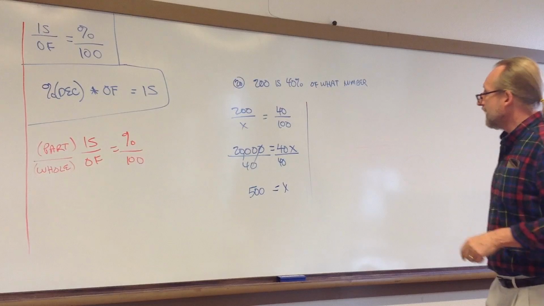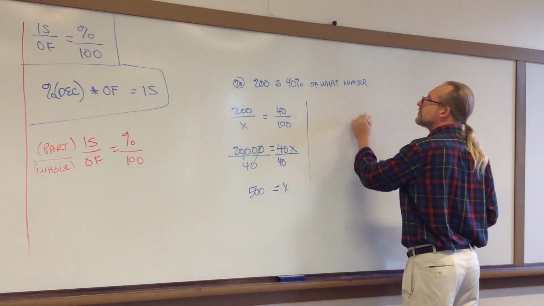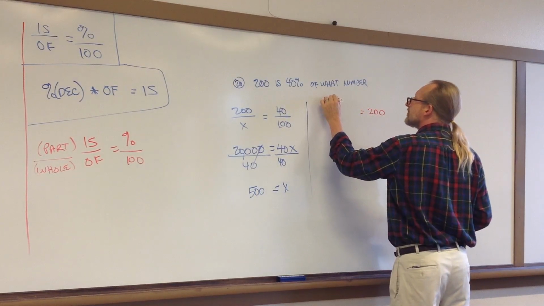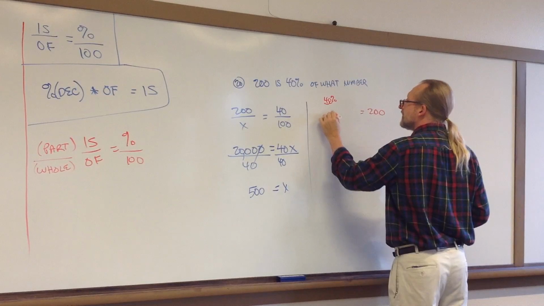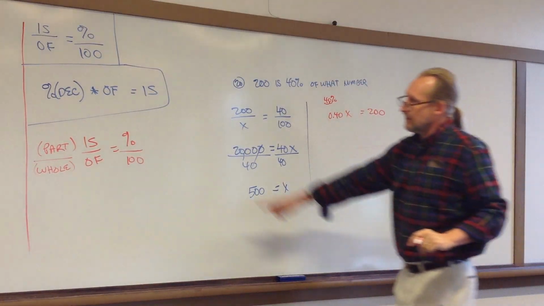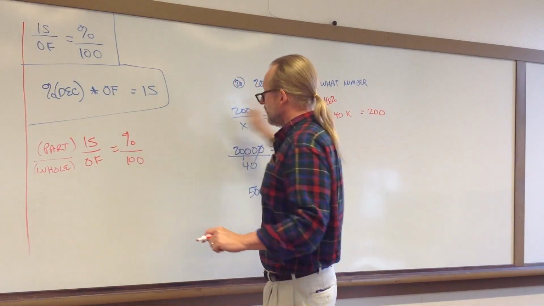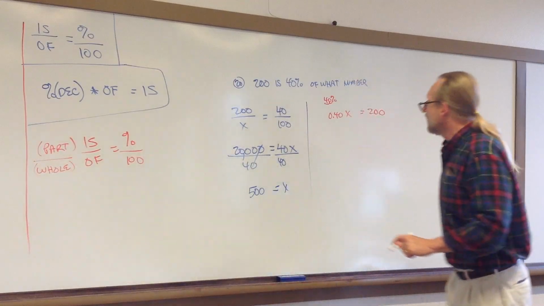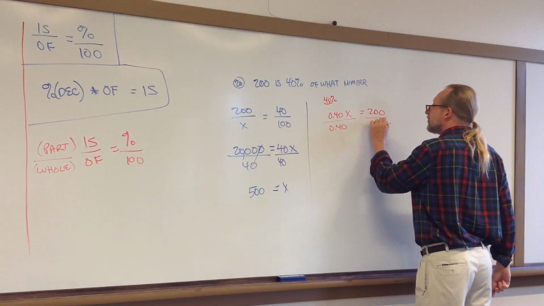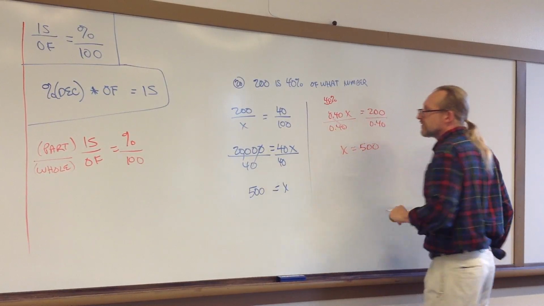All right, if we wanted to do this the other way, let's see here. 200 is the is. We would need to take that 40% and turn it into a decimal, and we're looking for the of, right? So here's the decimal times the of, that's what we're looking to find, equals is. And so to solve this again, we're going to divide on both sides by 0.40, and that will also give us 500.